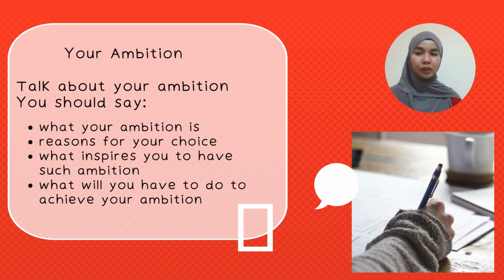Like this one: what your ambition is, reasons for your choice, what inspires you to have such an ambition, and what you will have to do to achieve your ambition.